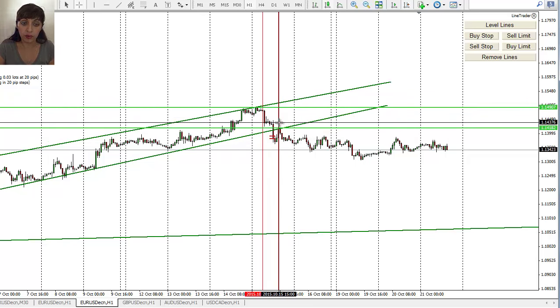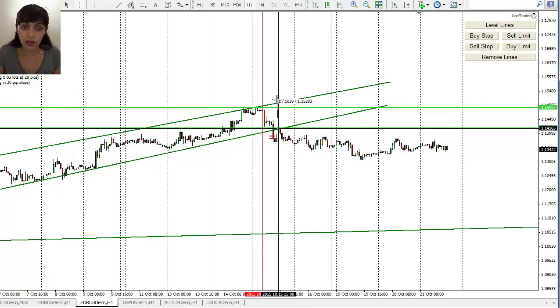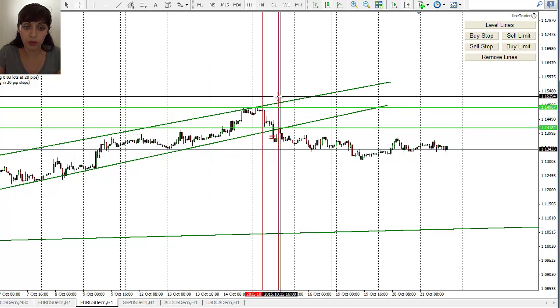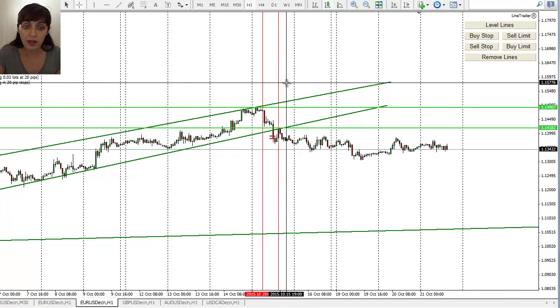You put your stop loss higher than the channel line, so if the market moves against you and doesn't break the next level, you don't panic, it's still okay. But if it breaks the level, that's where you have to think, analyze, and decide what to do next. This is where you would be stopped, around here. And the other way around, if you put your orders to buy somewhere here, then your stop loss would have been around here from that level.